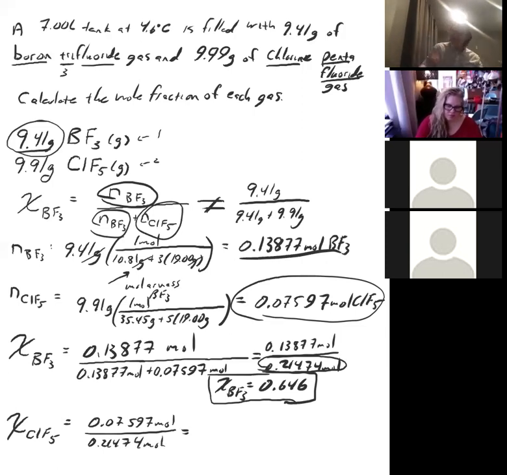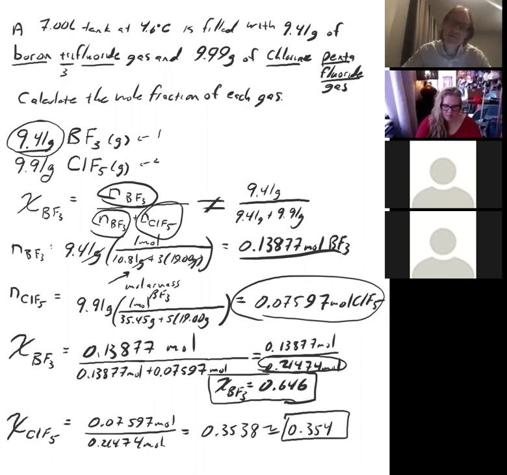And just take that ratio. So 0.07597 over 0.21474, and you get 0.3538. Let's round it: 0.354. Again, unitless, right? Mole fractions don't have units because it's moles divided by moles.